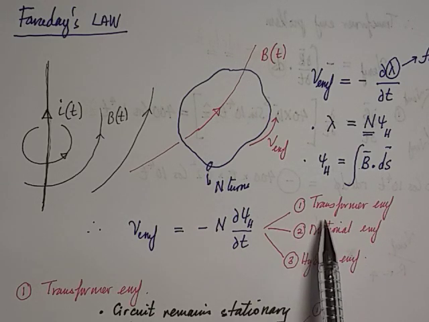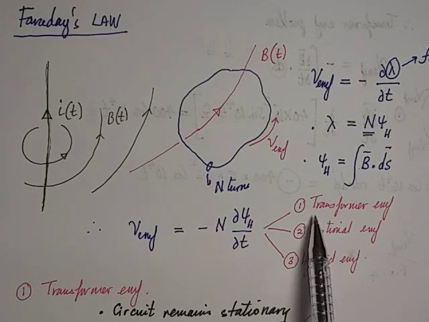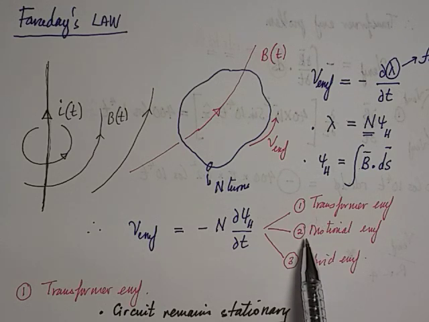For this particular case, the problem will involve a stationary circuit, and the field, which is the magnetic field, will change with time. And then the second type of EMF that we can solve is known as motional EMF, and the third category is known as hybrid EMF.